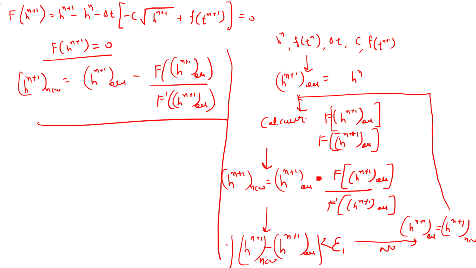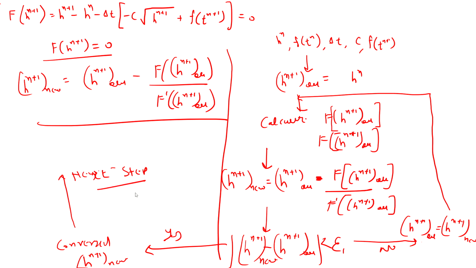And if it is yes, then my solution has converged. I have h_{n+1} new, that is the value of h_{n+1} at the new time step, and I will move to the next step. So this will become my algorithm.